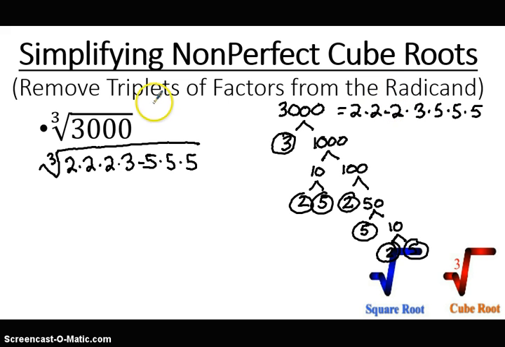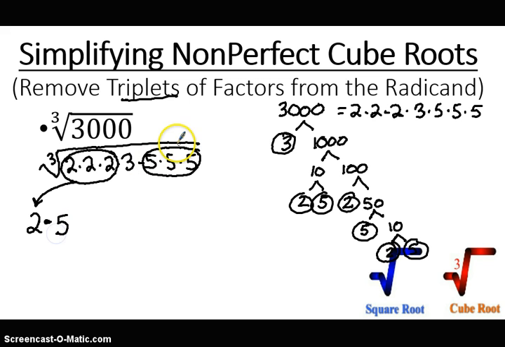Step 2, identify any triplets of factors. Well, we have a triplet of 2's and we have a triplet of 5's, and we can remove them from the radicand because they make perfect cubes. So instead of writing the cube root of 2 times 2 times 2, I can write the whole number 2. And instead of writing the cube root of 5 times 5 times 5, I can multiply that 2 by the whole number 5 because this is a perfect cube.